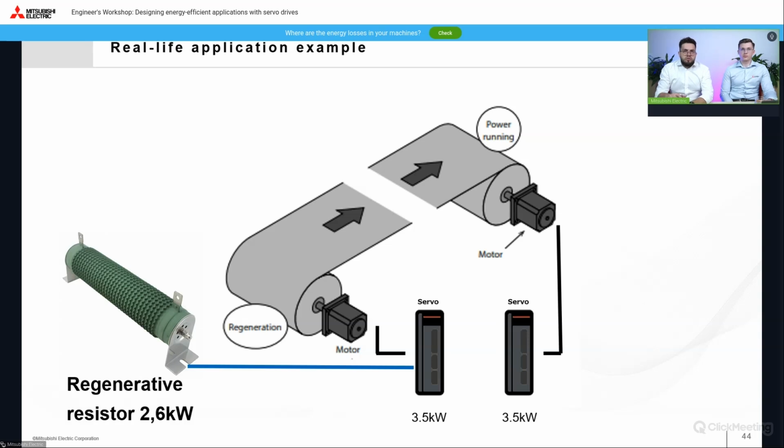So in the final solution, we had to change the regenerative resistor from built-in to external with a power of 2.6 kilowatts. And even after that, the resistor was really hot. So it was interesting. What's more, when we calculate it deeply, a properly sized motor for a continuous application like this should be sized at around 80% of nominal torque or nominal power. 80% of 3.5 kilowatts gives us around 2.8.